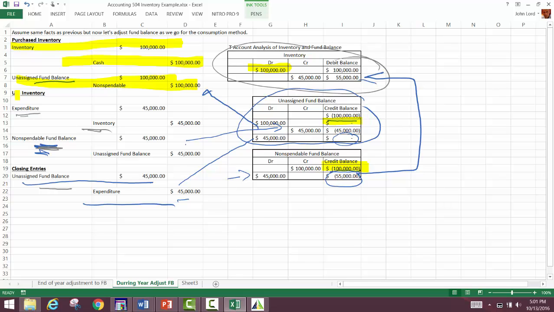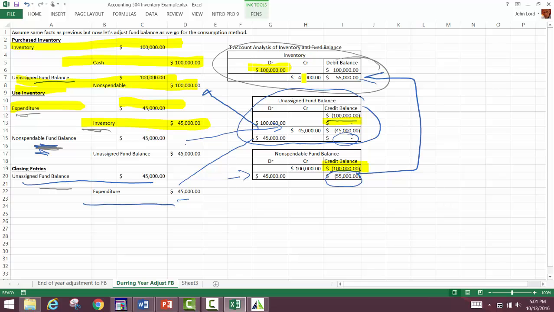As we use the inventory, we debit the expenditure and credit the inventory in a similar manner. We don't have cost of goods sold, and these are supplies that we're using. We're not selling inventory, we're using up supplies. We would debit expenditure and credit inventory as we use those. And so what happens?